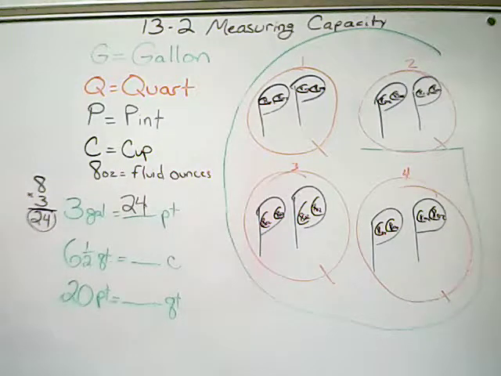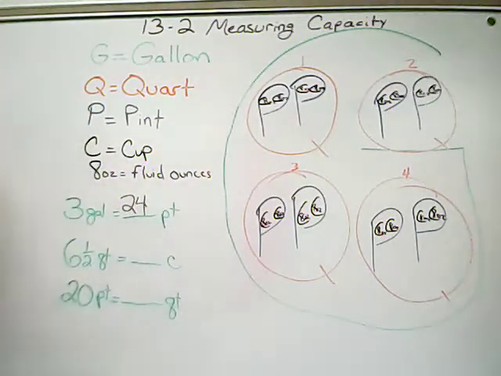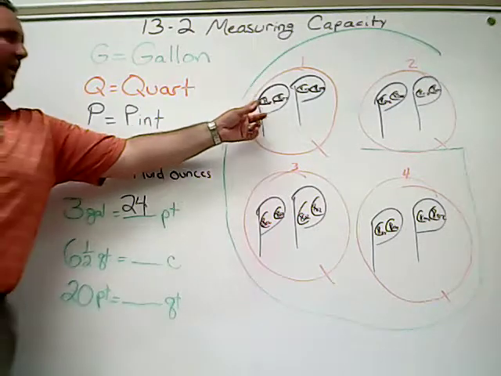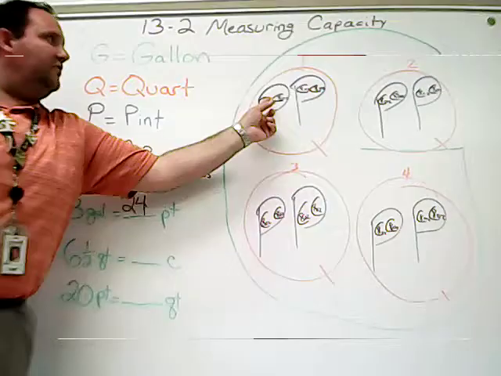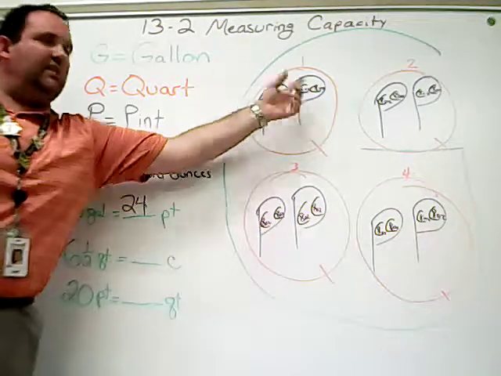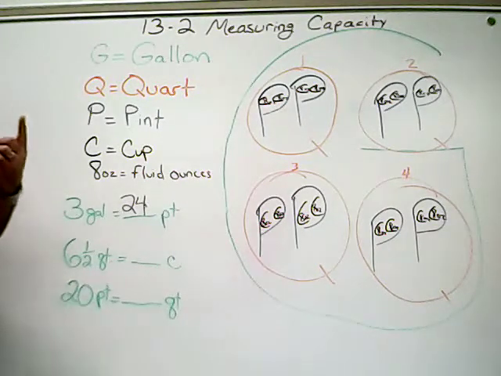Second one here, I have 6.5 quarts equals how many cups? Well, let's take a look at our visual aid. So inside 1 quart, I have 2, 3, 4 cups. Inside my big Q, there's 4 Cs, which stand for cups. So inside 1 quart, there's 4 cups.